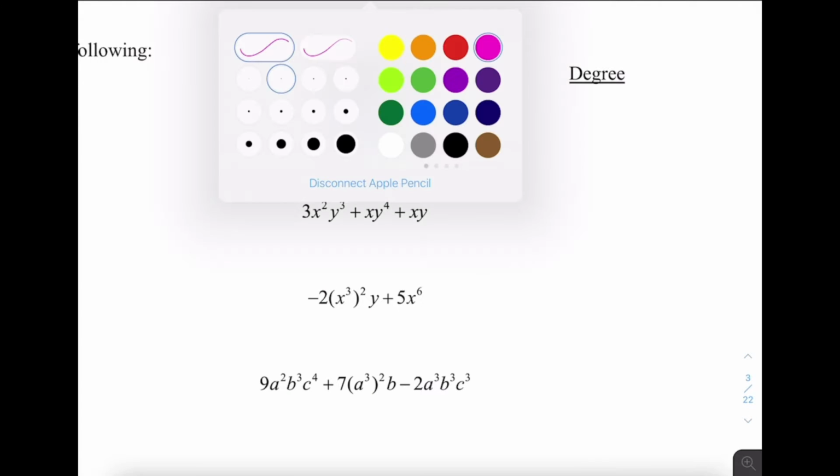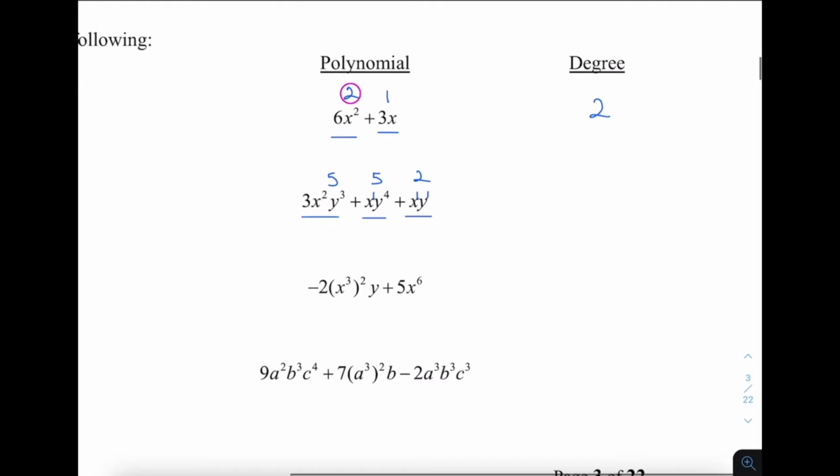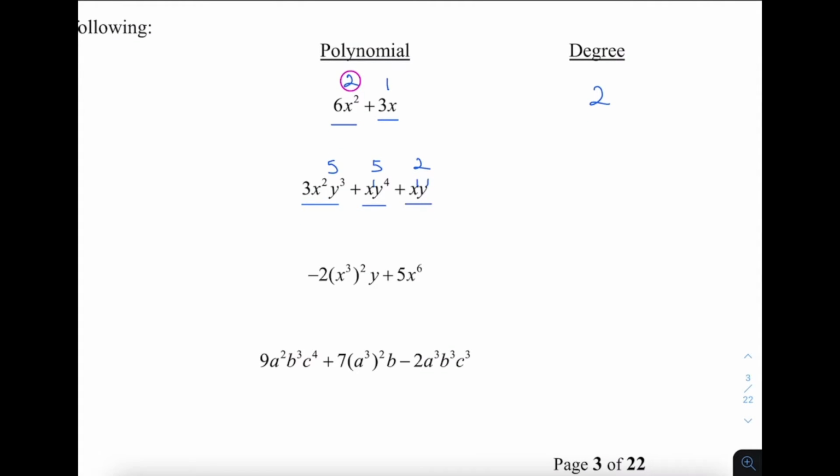So in this case, the degree is 2. In my next example, I have 3 monomials. And remember, anytime nothing is written, there's a 1. So my degrees are 5, 5, and 2. Now, when the degree between 2 monomials is tied, and it's the highest one there, it's technically the highest degree. So even though it's tied, the answer here is 5.